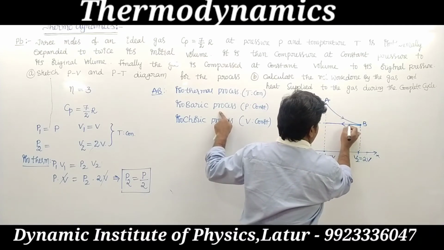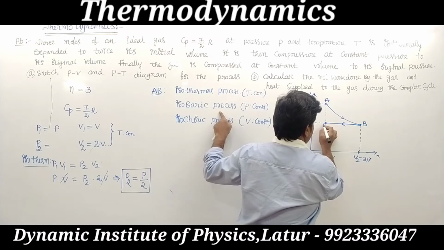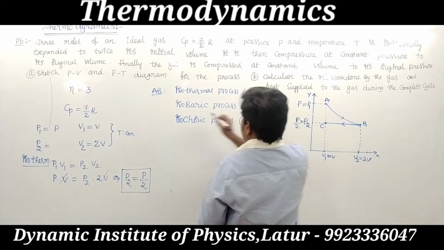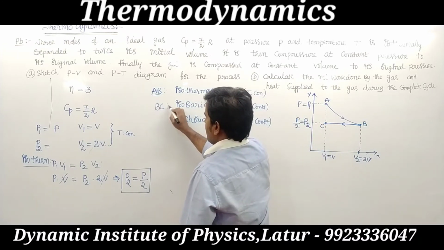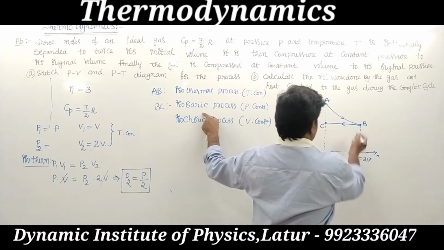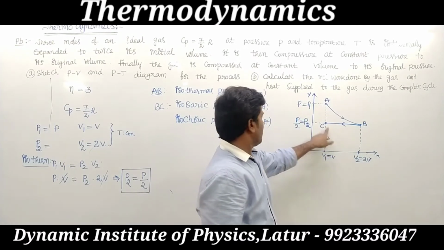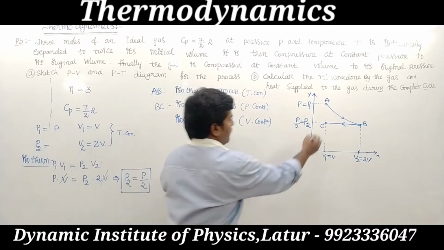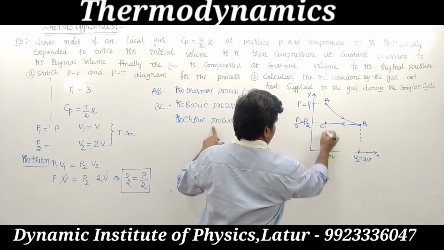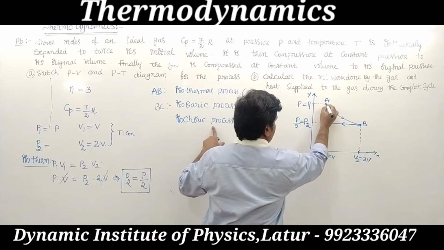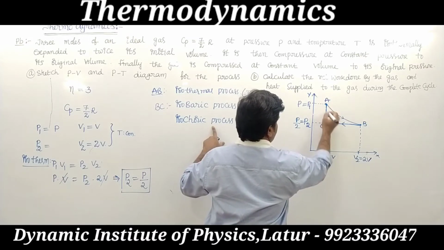Again, isobaric, constant pressure, comes from B to C. BC indicates constant pressure, that is nothing but the isobaric process. Again, isochoric process, volume constant, comes back to the original position.